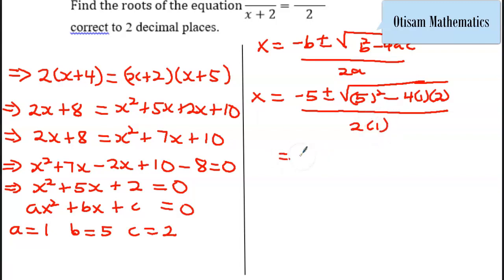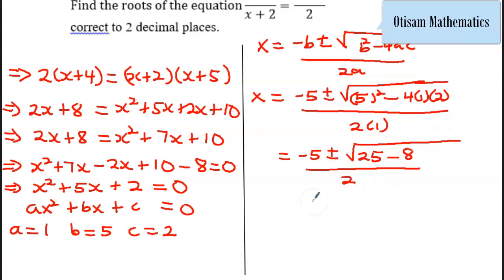So we have minus 5 plus or minus the square root of 5 squared, 25, minus 4 times 1 times 2, which is 8. Continue: minus 5 plus or minus the square root of 17, that's 25 minus 8, all over 2.